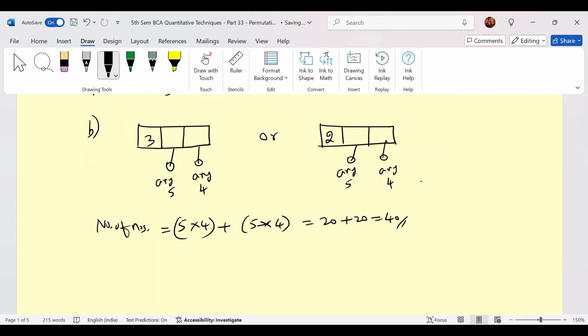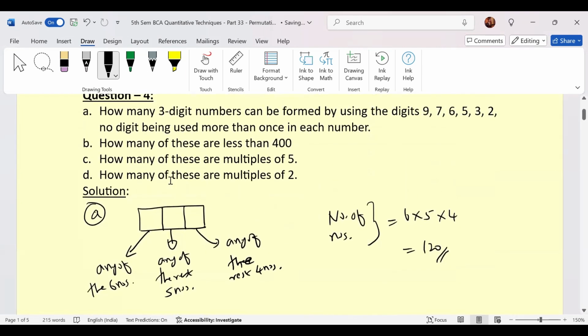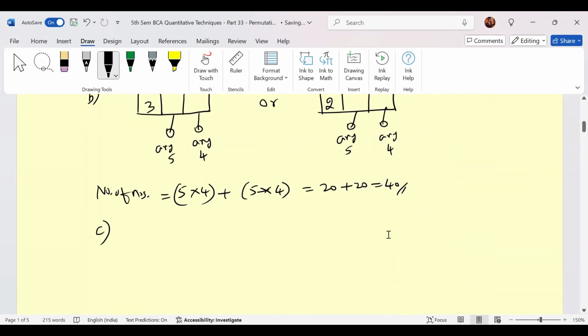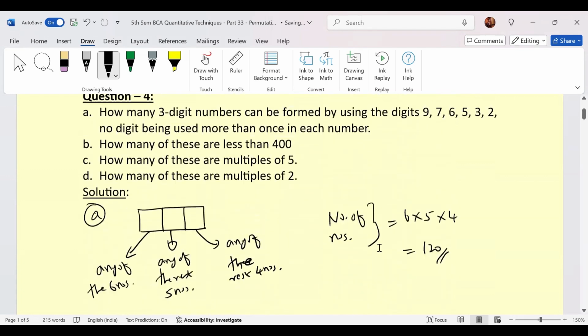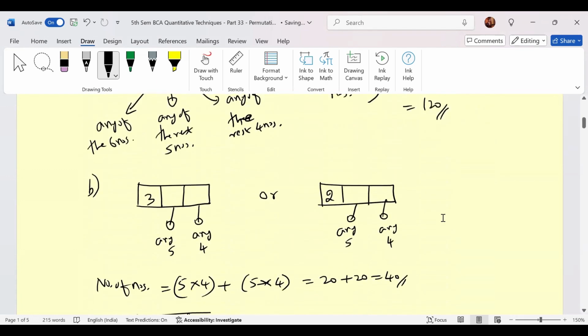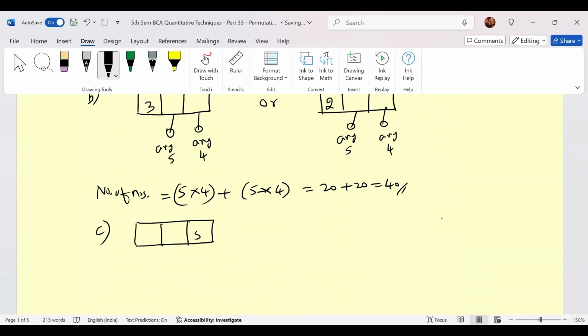Now let us move into the third part. Third part is saying how many of these are multiples of 5? So the last digit, that is unit digit, should be 5.